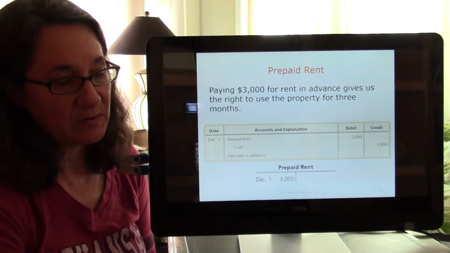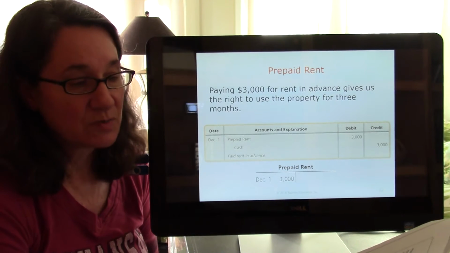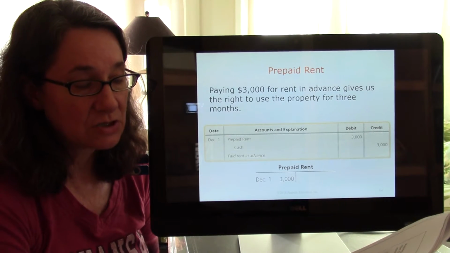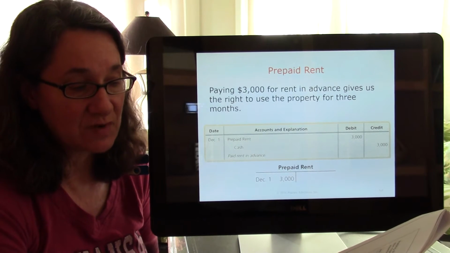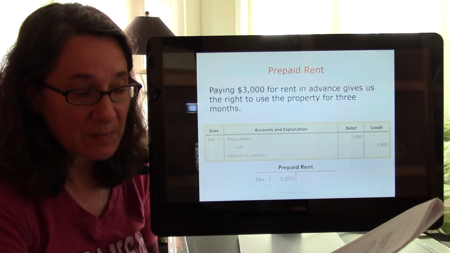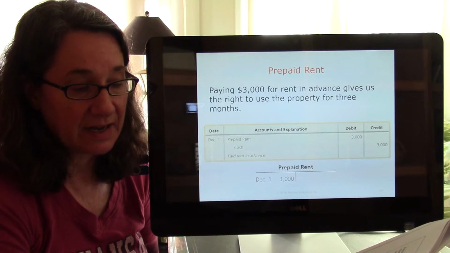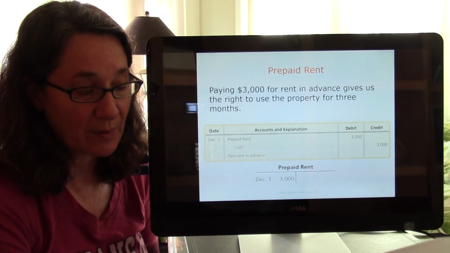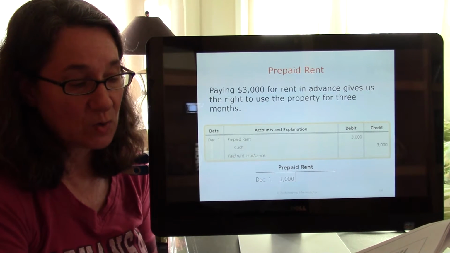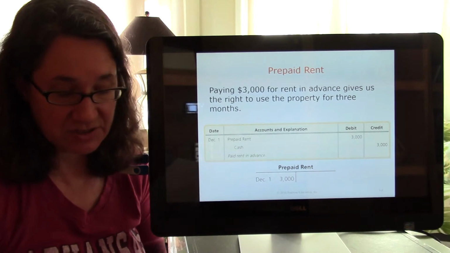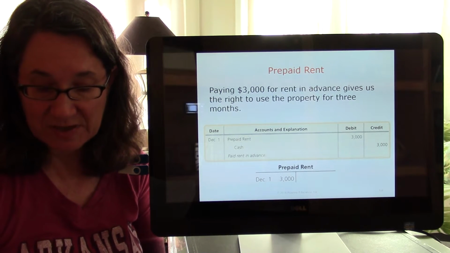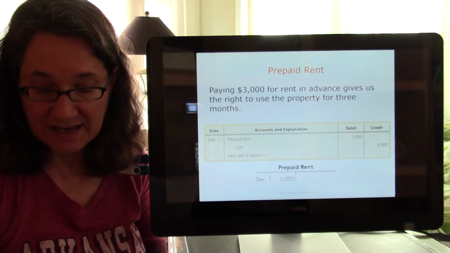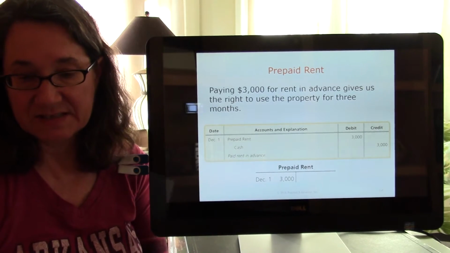The initial entry required a debit to the prepaid rent current asset account and a credit to cash for $3,000. This represents that Smart Touch Learning has the right to use the property for the next 3 months, and as such records an asset on the balance sheet. Smart Touch Learning will then adjust the prepaid rent account for use of the facilities.